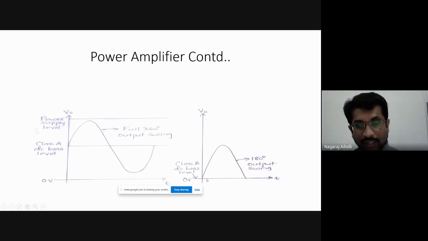The operating cycle of the power amplifier in class B is 180 degrees, 0 to 180 degrees. So it is half the cycle. That is the operating range of the power amplifier in class B. It is from 0 to 180 degrees, half the positive portion of the applied input signal.